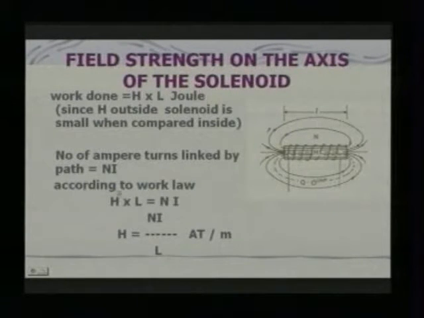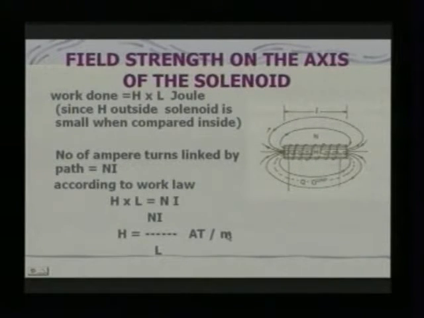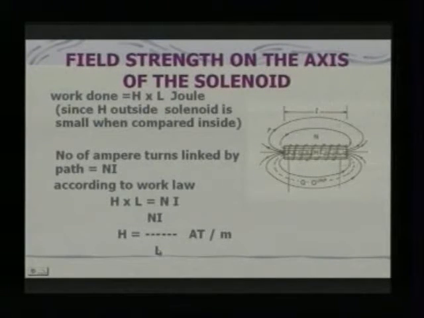Therefore, according to work law, work done, that is H into L, is equal to number of ampere turns Ni. In other words, H is equal to Ni by L ampere turns per meter. Therefore, the field strength on the axis of the solenoid is given by H is equal to Ni by L.